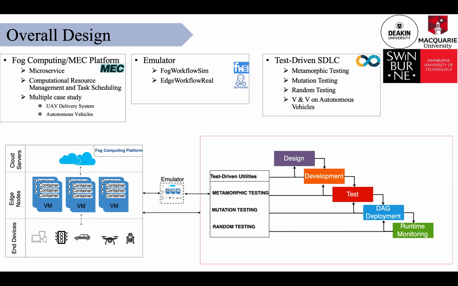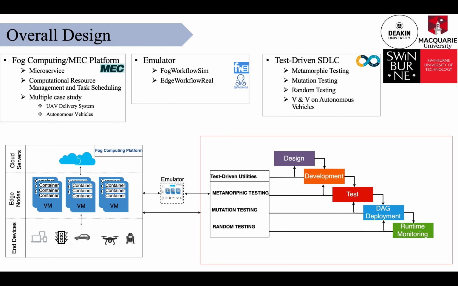For the development of microservice-based fog computing systems, from a bottom-up design perspective, the typical test-driven utilities include metamorphic testing, mutation testing, and random testing, as discussed in the background.